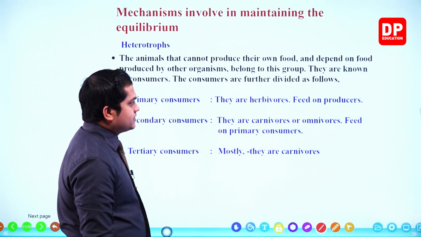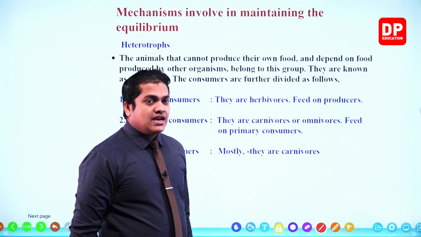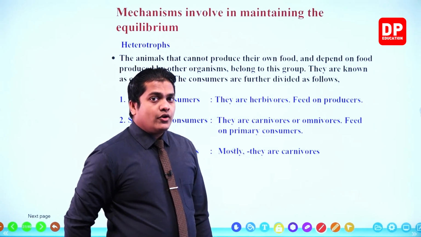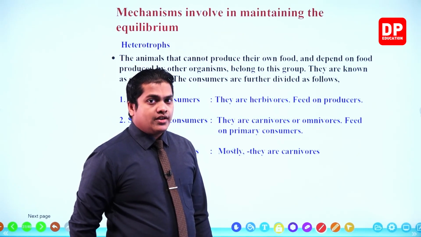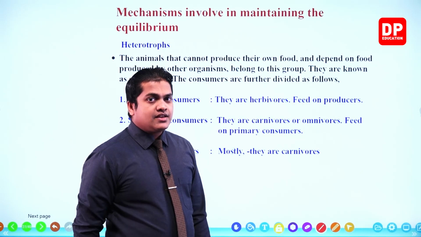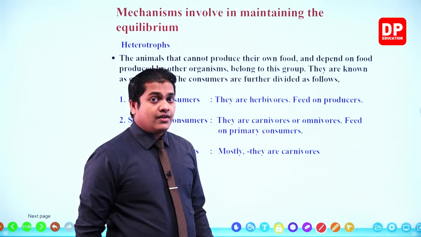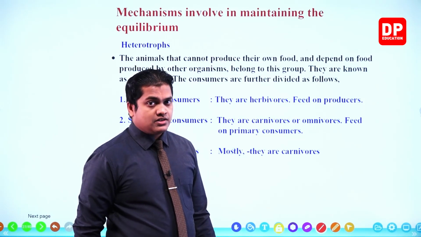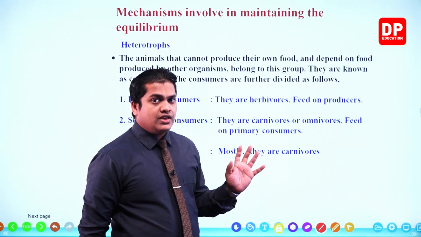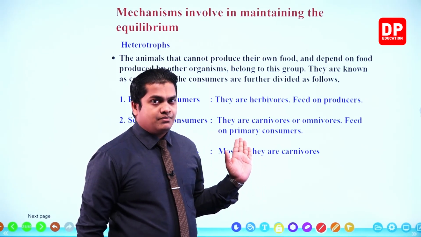Primary consumers. So primary consumers are the first type of consumers. They are the ones who directly depend on the producers. That means herbivore animals, right? They directly depend on the plants and other types of autotrophic organisms. Can you remember we wrote down the relationship between food item and their mode of nutrition under an assignment previously?